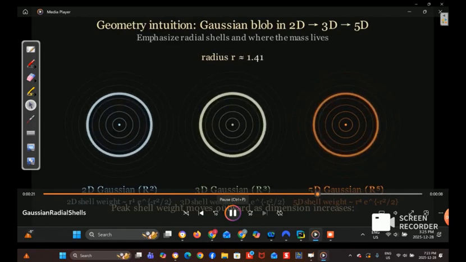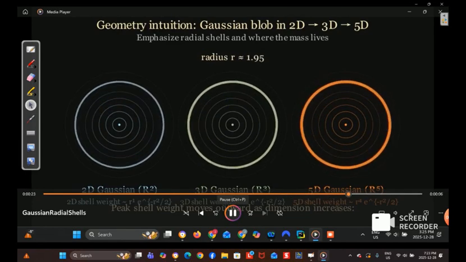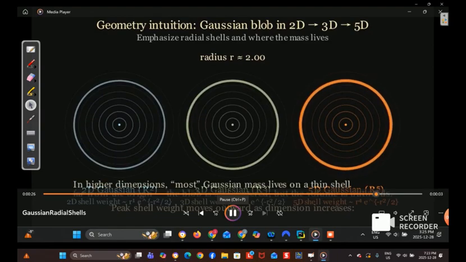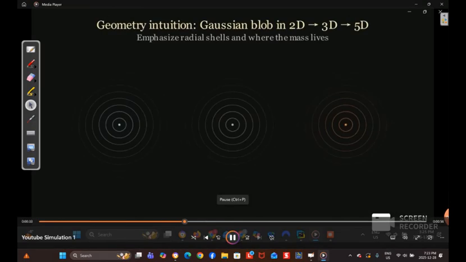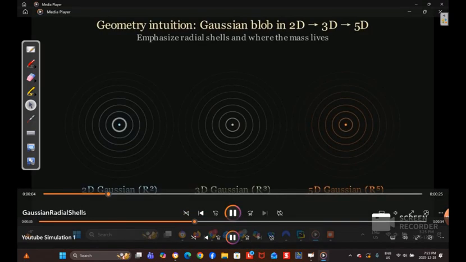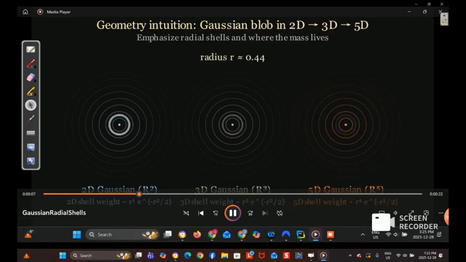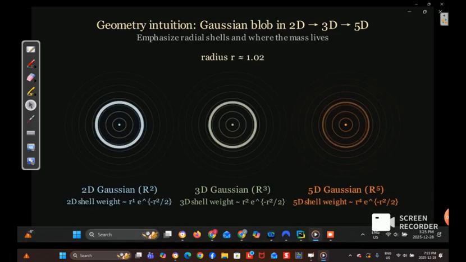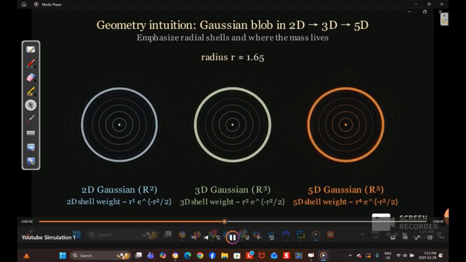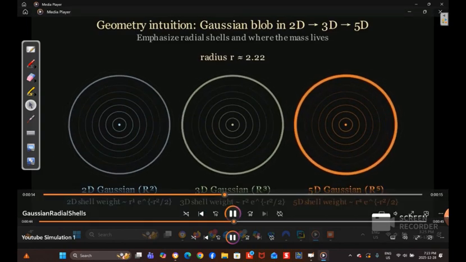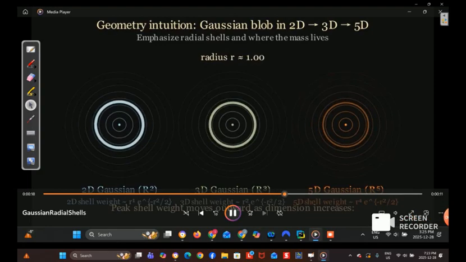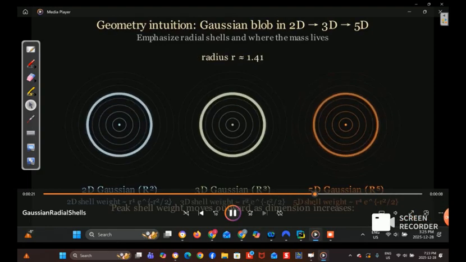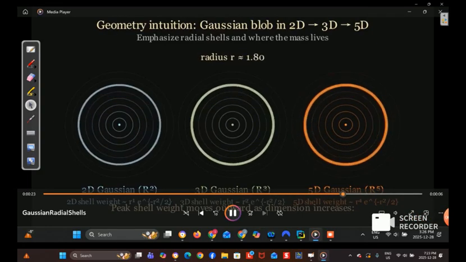Those are concentric circles in a 2D Gaussian in R2, to a 3D Gaussian in R3, to a 5D Gaussian in R5. So we have a 2-dimensional Gaussian of R2 with concentric shells becoming a 3-dimensional Gaussian of R3 with concentric shells, and then becoming a 5-dimensional Gaussian of R5.